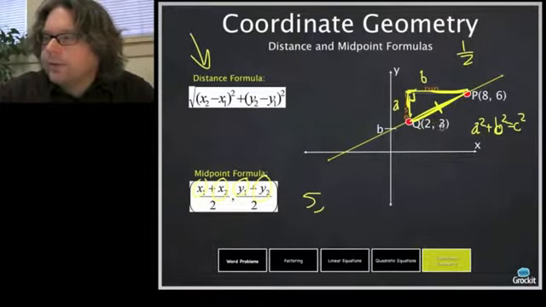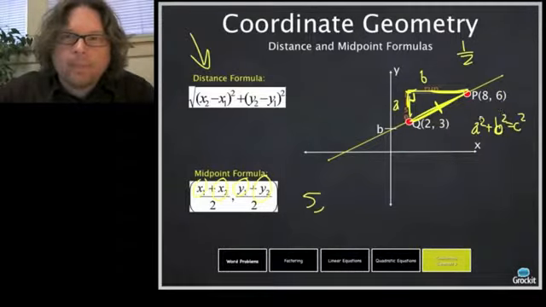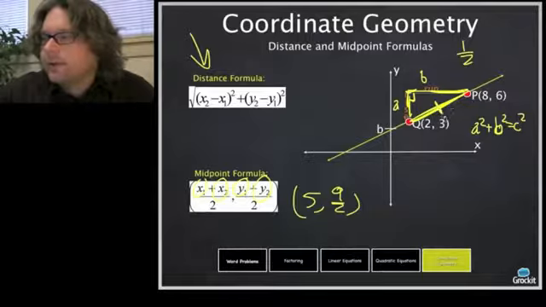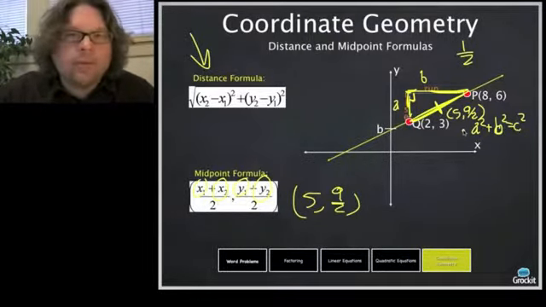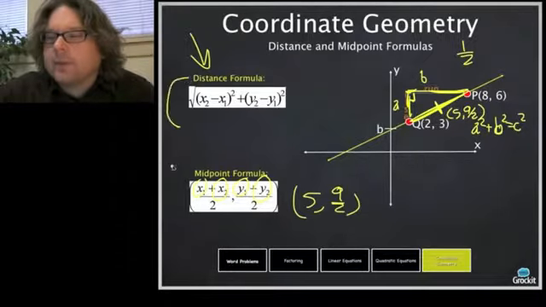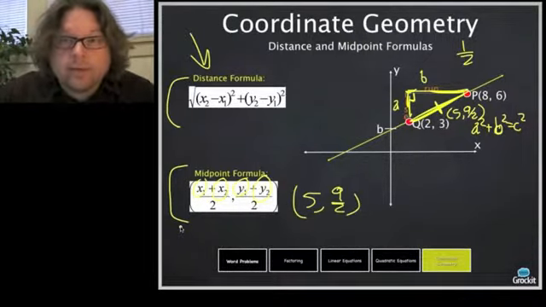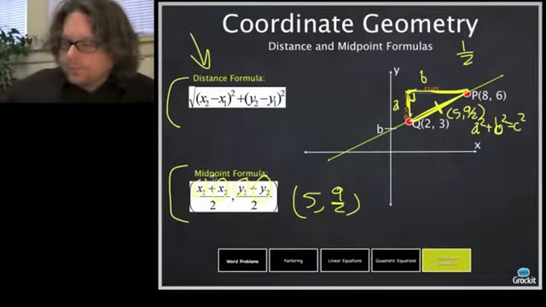For y, 3 plus 6 is 9. 9 divided by 2 is 9/2. So that point here would be 5 and 9/2. Hooray, we found the midpoint. So these are two formulas you can learn, or just remember how to re-derive them in the relatively unlikely event of needing them, or a water landing, or whatever else.